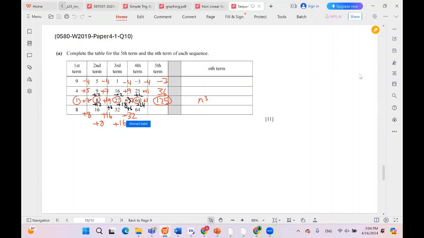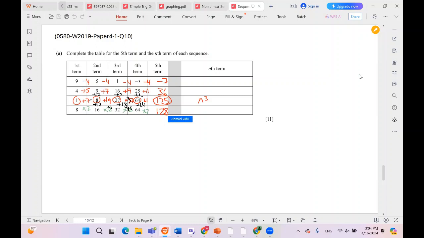So you can try multiplying instead. If you do times 2 here, you find that it works. So this is an exponential sequence. So we don't need the differences here. So we can do an extra times 2 to get the new term. So times 2 here, and we get 128 for the next term.